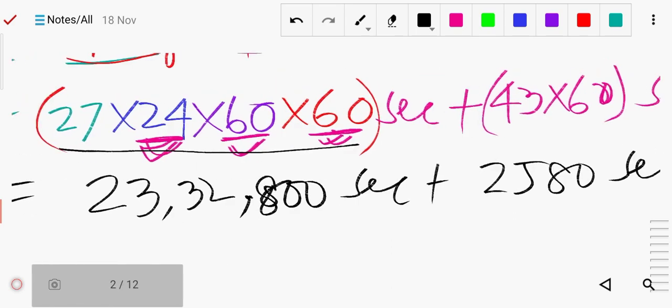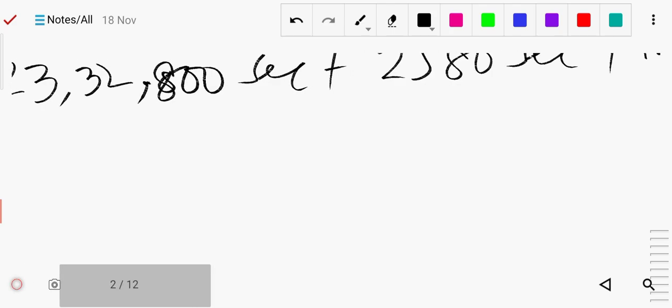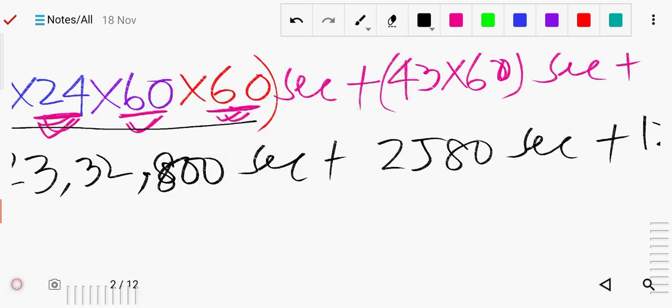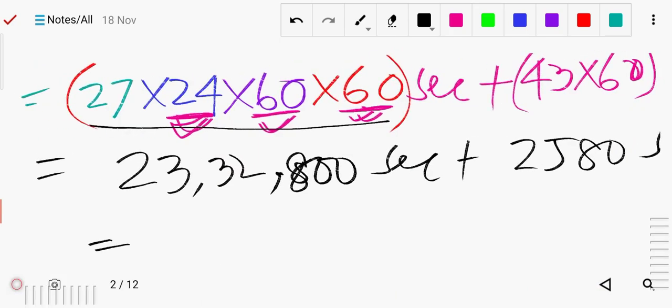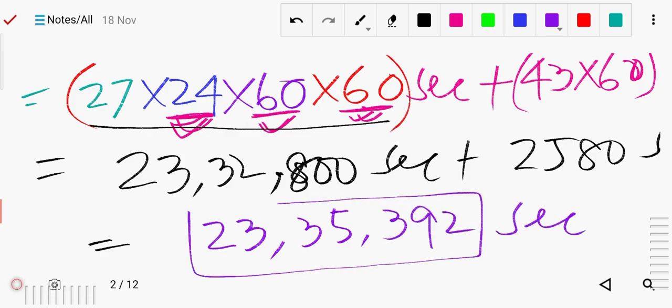Now you will add all these values. You will get 23 lakhs 35,392 second. Okay, so this is your answer.